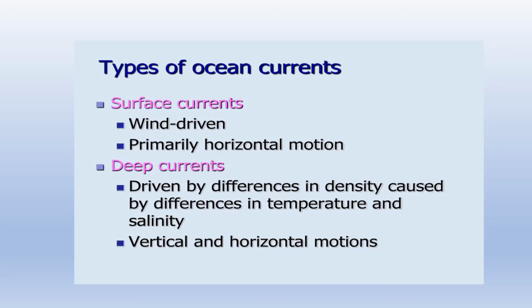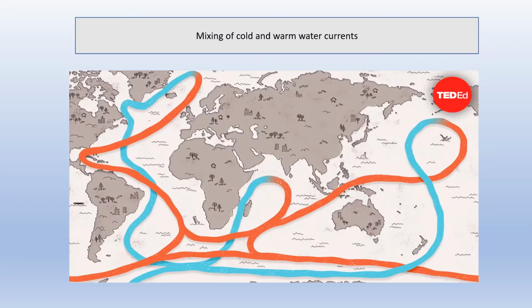Whereas deep currents are affected by the density, temperature and salinity of water, and we find vertical as well as horizontal movement of the water. This is a mixing of the cold and warm currents from the poleward margins towards the equator. Cool water is shown in blue, whereas red shows warm water.